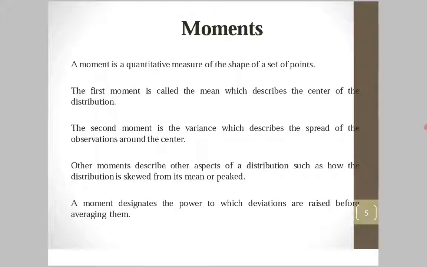We measure how the data items are formed around the central point, the mean. Third, other moments describe other aspects of a distribution, such as skewness and the peak. So the third moment is called skewness, skewed.